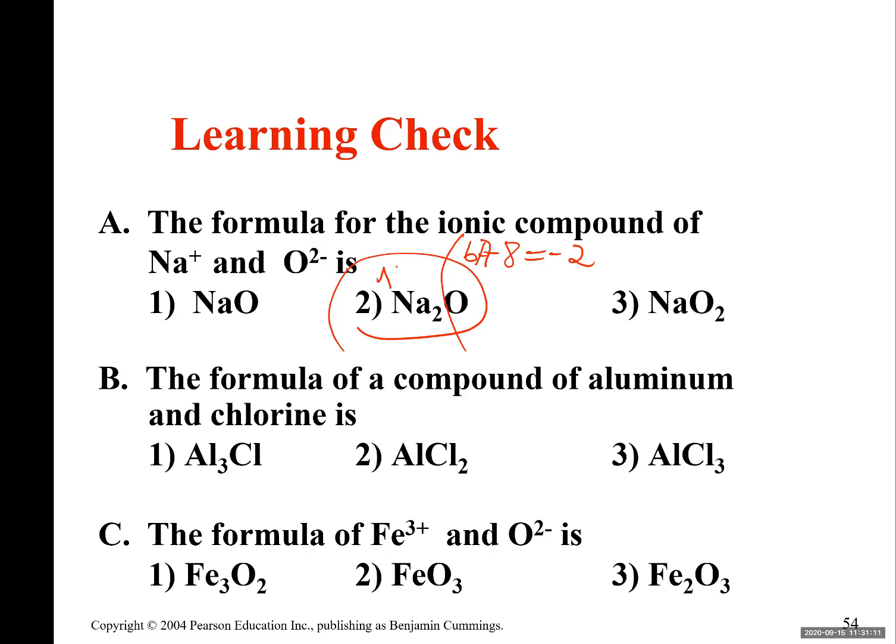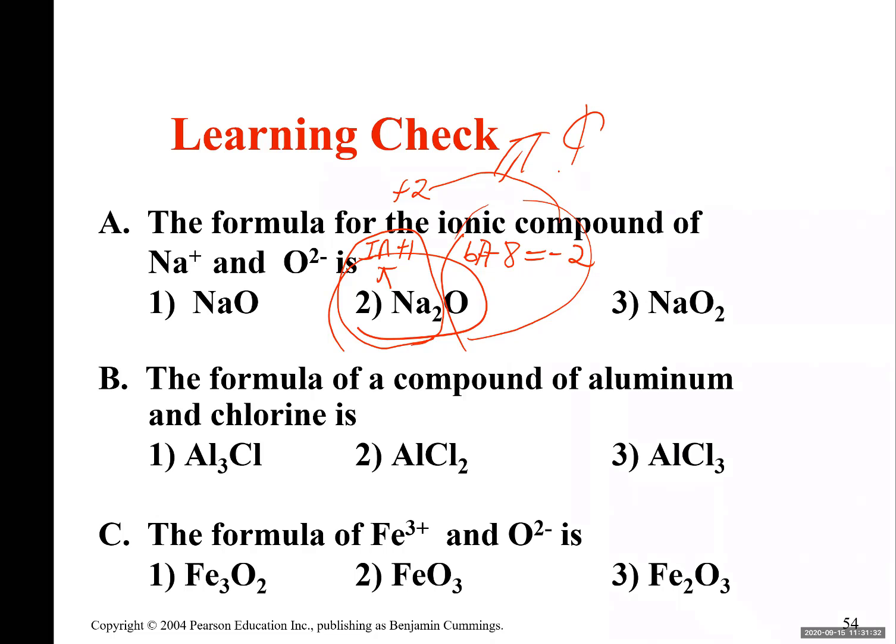Sodium is in group 1A, so it's plus 1. If I have 2 times plus 1, adds up to be plus 2. And I have 1 oxygen minus 2, so these two are adding up to be 0, so that is the correct answer. All you have to do, make sure charges add up to be 0.